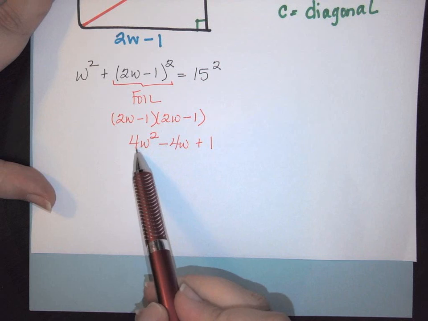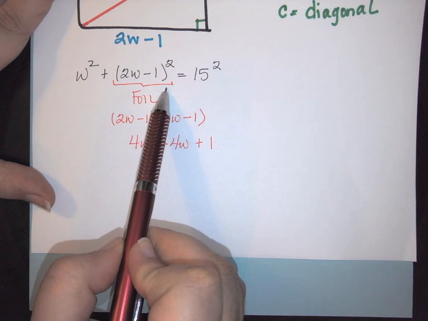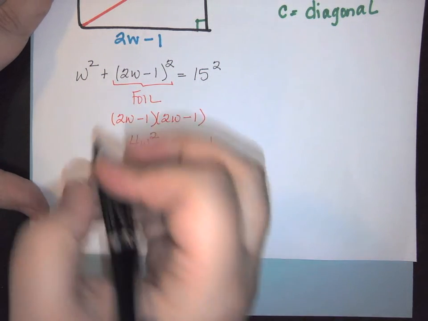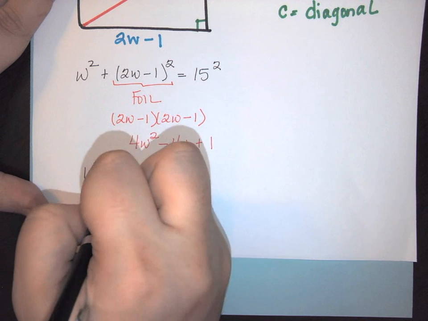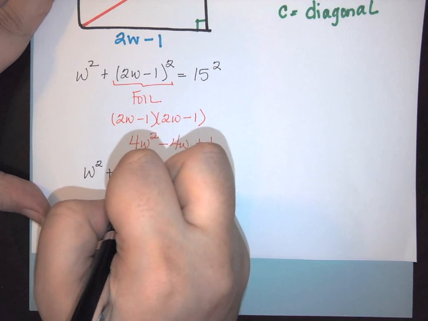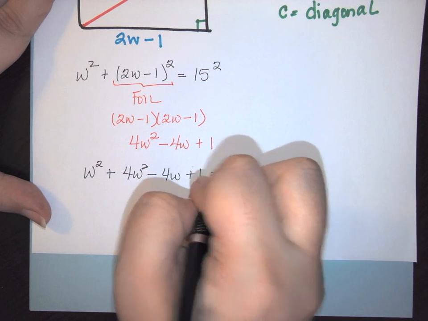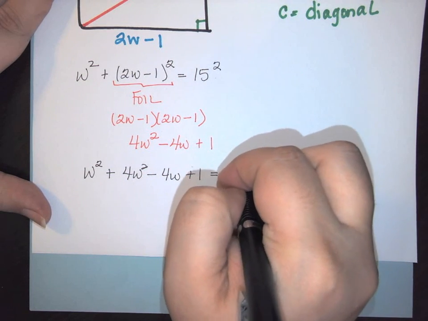So we have to remember that this was what this middle part should reduce down to. So we need to add in the rest of our equation. So what we really have was w squared plus 4w squared minus the 4w plus 1 is equal to, and when we do 15 squared, we get 225.